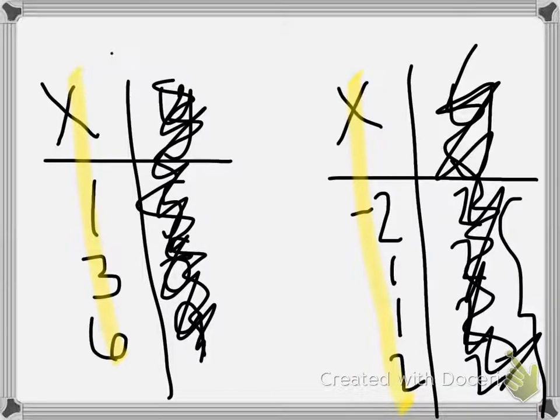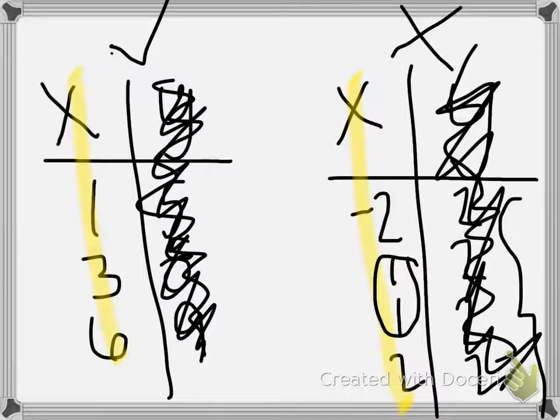On this one right here on the left, it's 1, 3, and 6. That is not repeating, therefore that is a function. Over here on the right, we have -2, 1, 1, 2. Right here, those 1's repeat, therefore this is not a function.